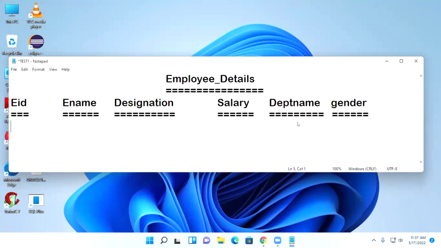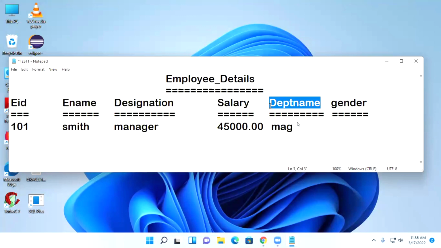Now, employee ID number, that employee name is Smith. He is a manager by designation. His salary was 45,000 rupees. Instead of department, better I will take date of join, for example, 12-05-2015.